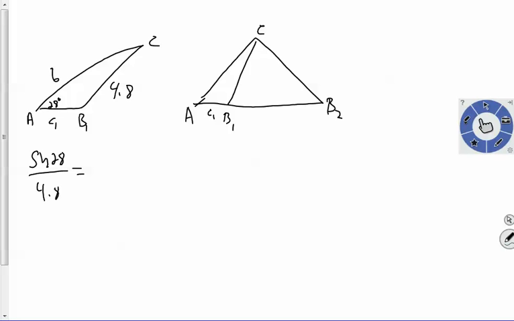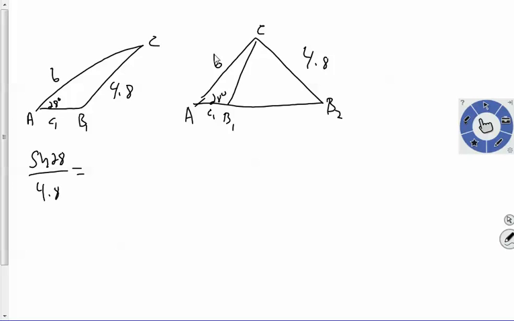All right, so let's go with the big one here. This is 6. You know that that's 6 right there. And so that's 20, and this is 28 degrees. And then this is 4.8. So that's how you're setting that one up.